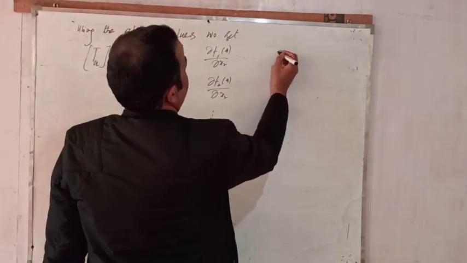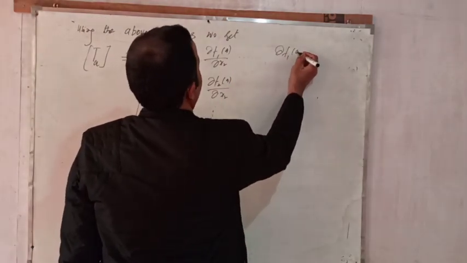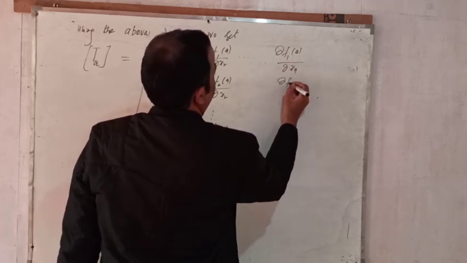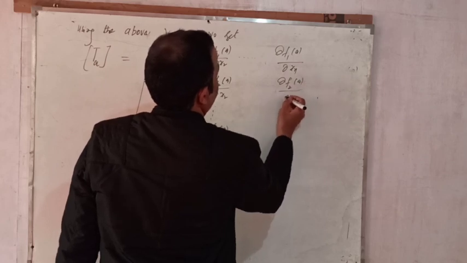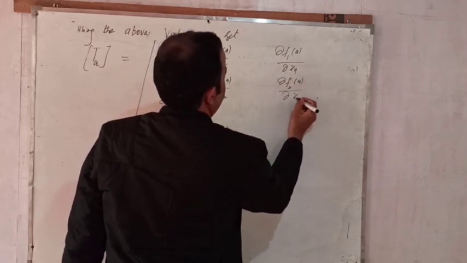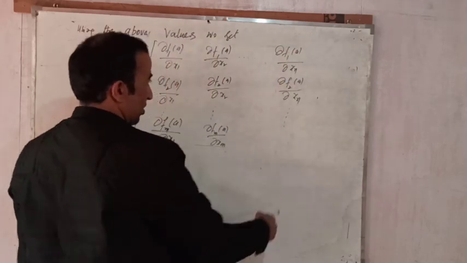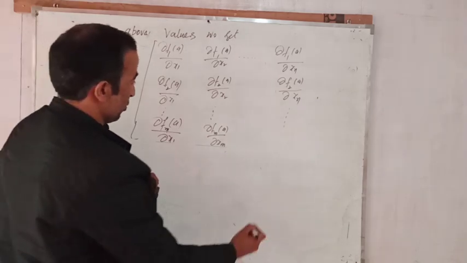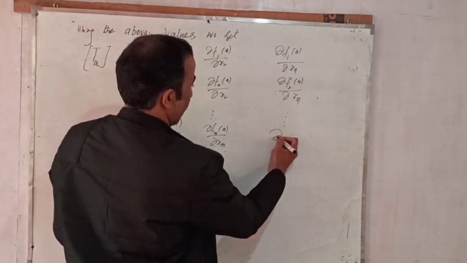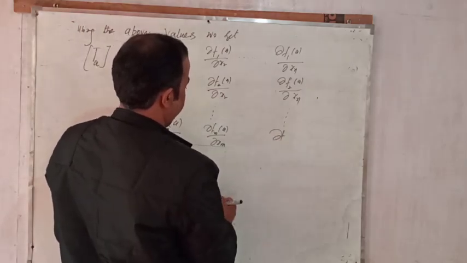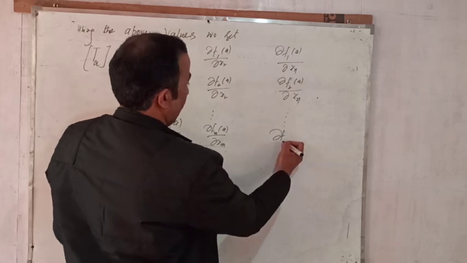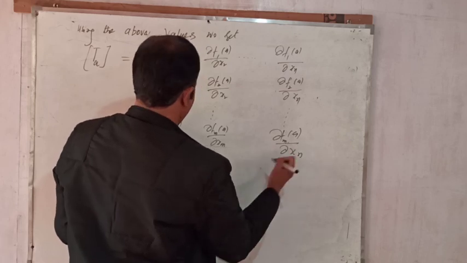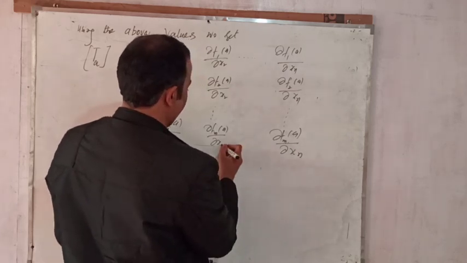Then so on, del F1 at A by del Xn, del F2 at A by del Xn, because the last column corresponds to the nth vector, up to del Fm at A by del Xn.